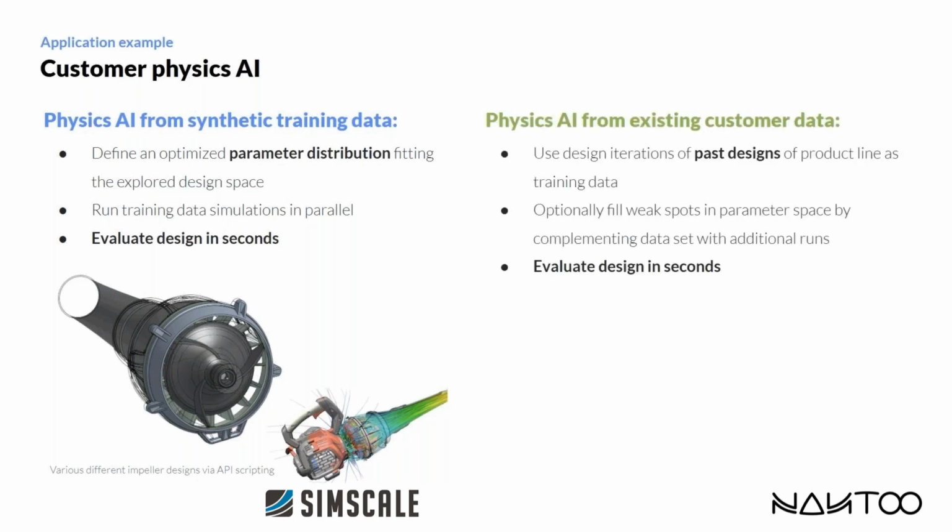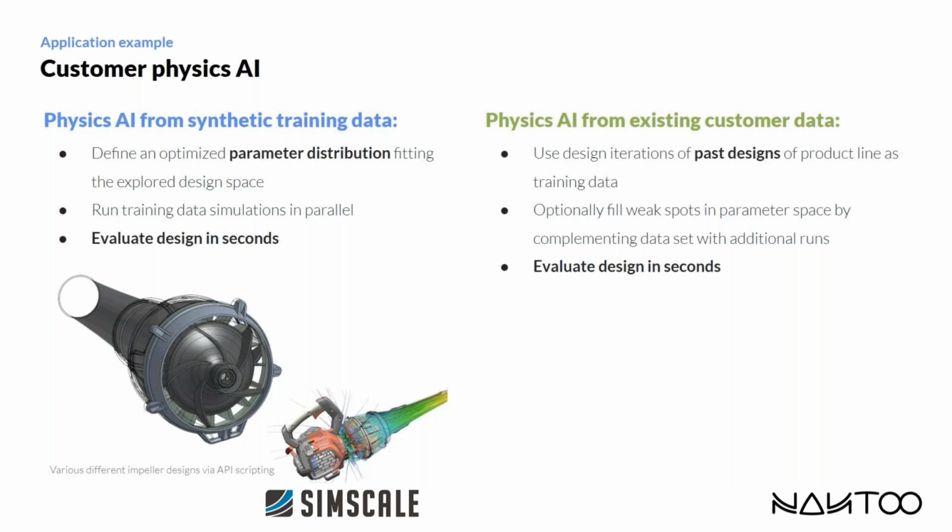The second way how you can do it is using existing data that you already have from the past and train a model based on that. So you can actually use past design iterations to train a model and then predict fast and iterate faster essentially in the future. We saw it, I think Andrea called it massive iterations that they did to produce better products.